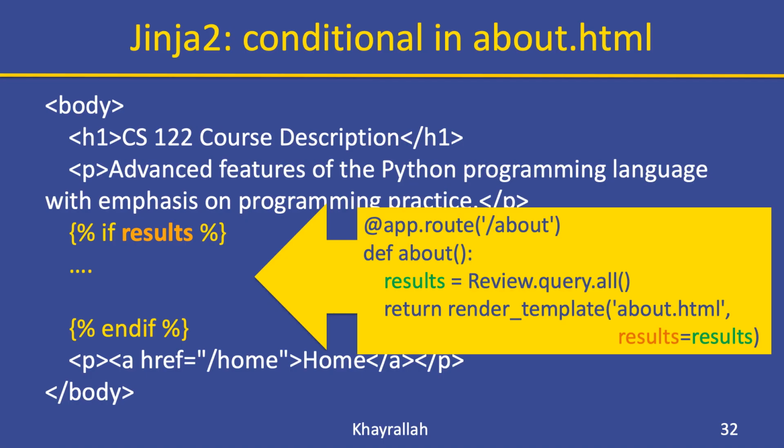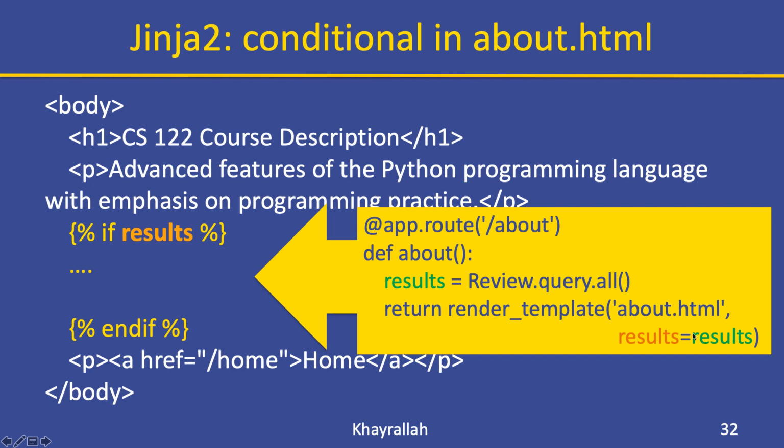So just so that we are clear on where these variable names came from, the results variable that's used inside the Jinja 2 template is this result keyword argument. Now this list happens to be called results as well, but we can call it something else. So this green result could have been called all results.